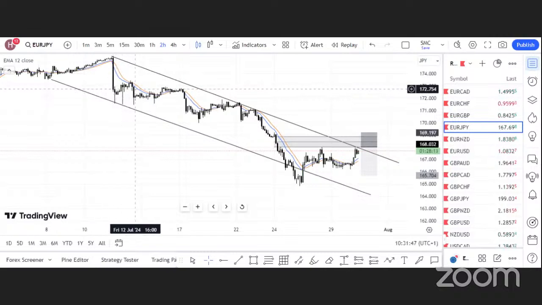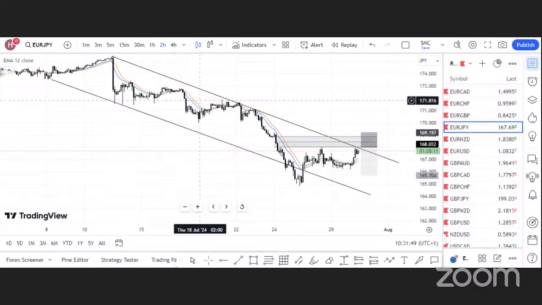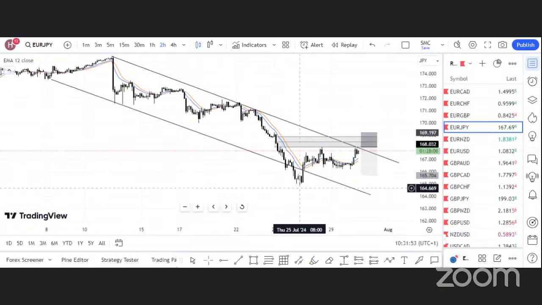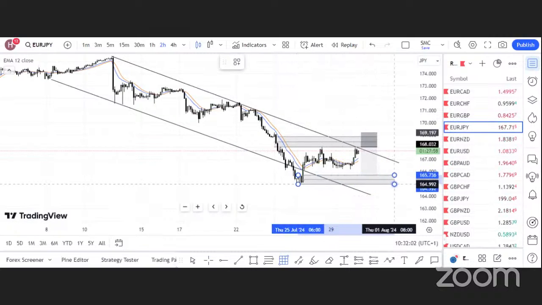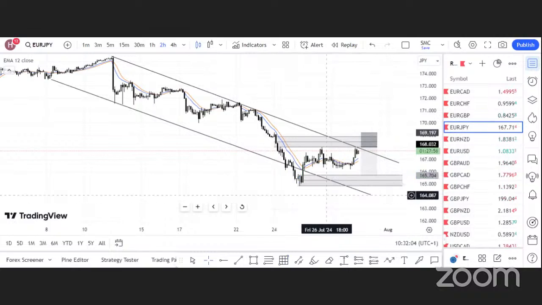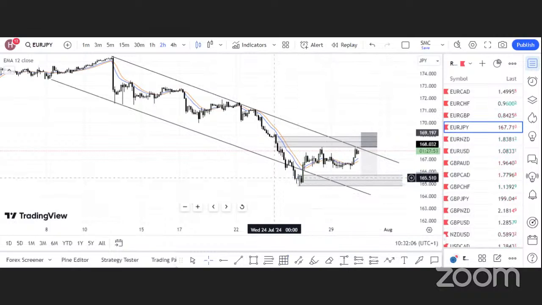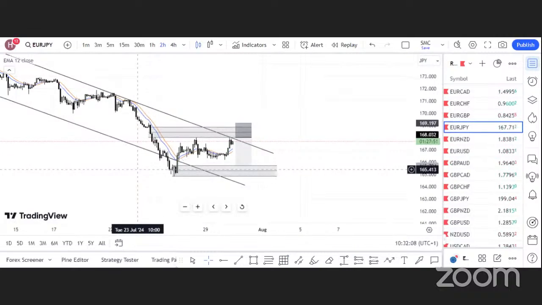After the long spike, the market continued to trend bearish until it got to this point where we have this long bearish leg.